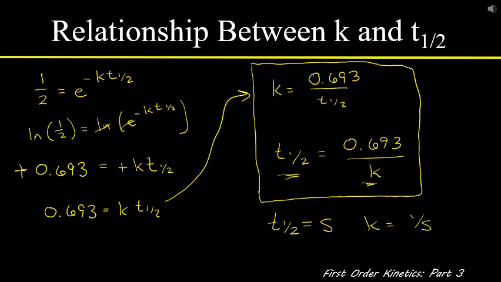So they've got to be on opposite sides of that fraction. One's in the numerator, one's in the denominator, so that those units come out correctly.